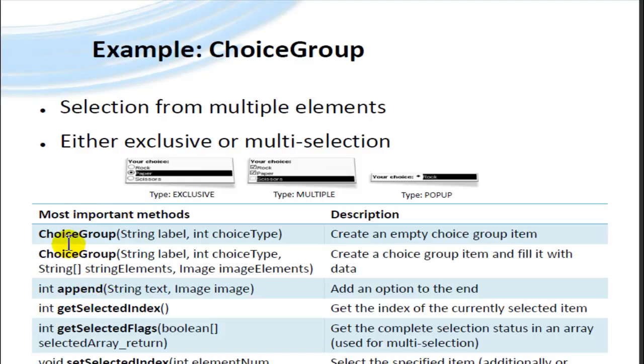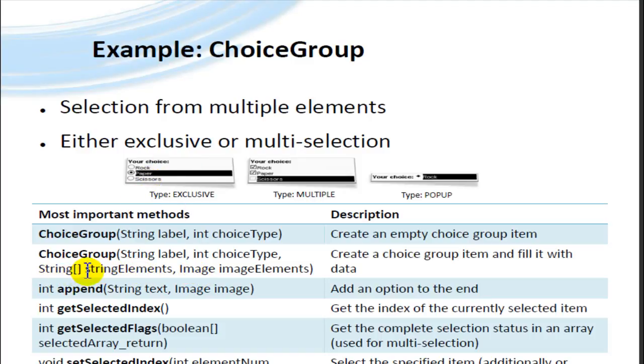And we have a choice group. If you say choice group, it will create an empty choice group without the options. Or you can use another constructor which has a string label that is on the top, like here are your choices. You can put books or whatever, a relevant label. Then we have the choice type, meaning is it exclusive, multiple, or pop-up. Then you can put in the string elements.